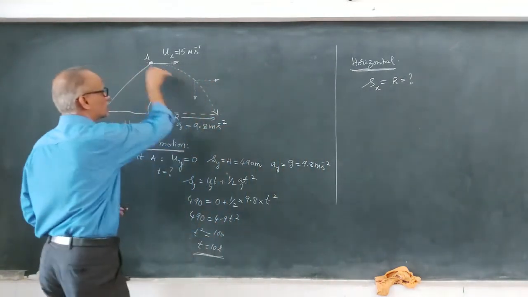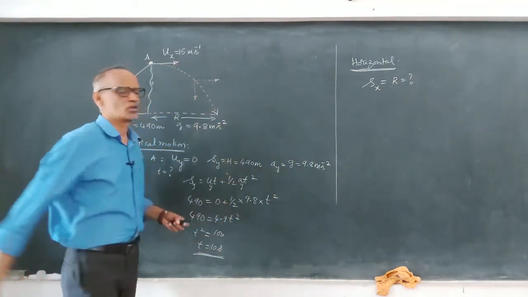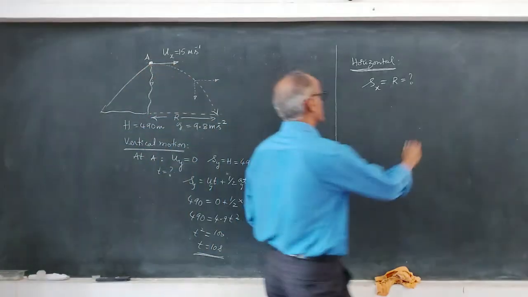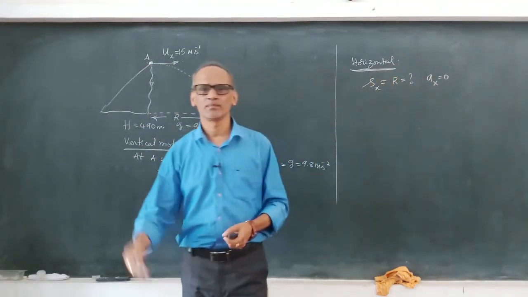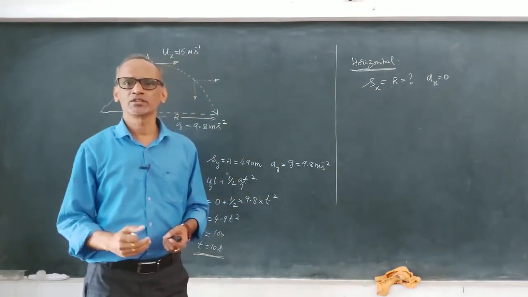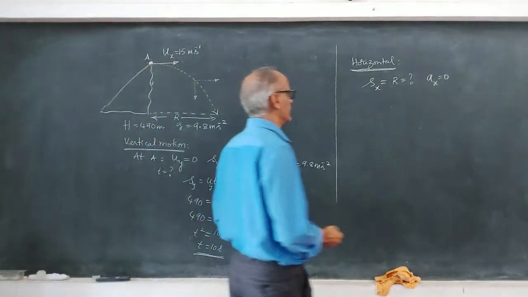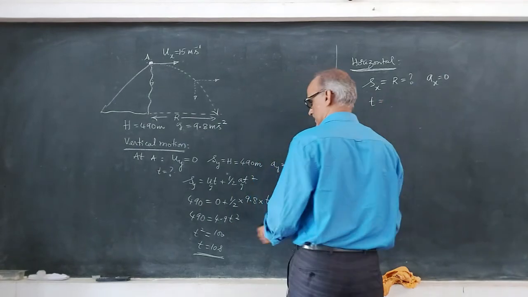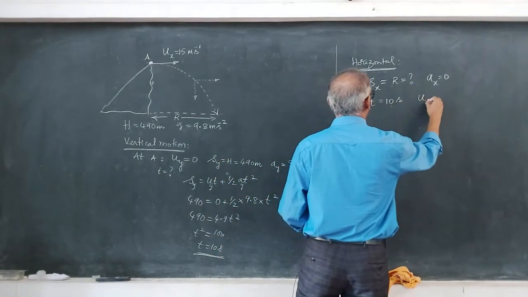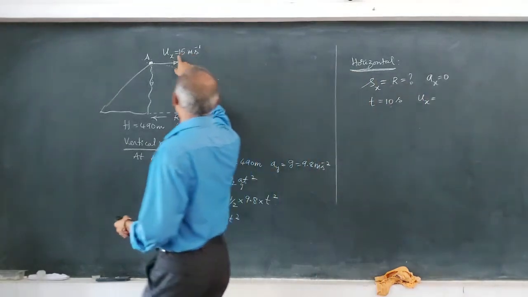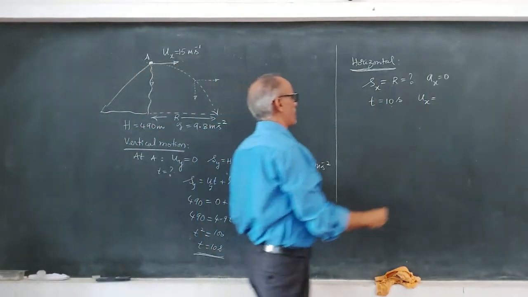And along the horizontal there is no acceleration, so acceleration is always 0. Because we know that in projectile motion along the horizontal, the nature of motion of the body is uniform velocity, so ax is 0. What is the time taken? It is already calculated, 10 seconds. What is the velocity along the horizontal? That is given, ux, 15 meter per second.